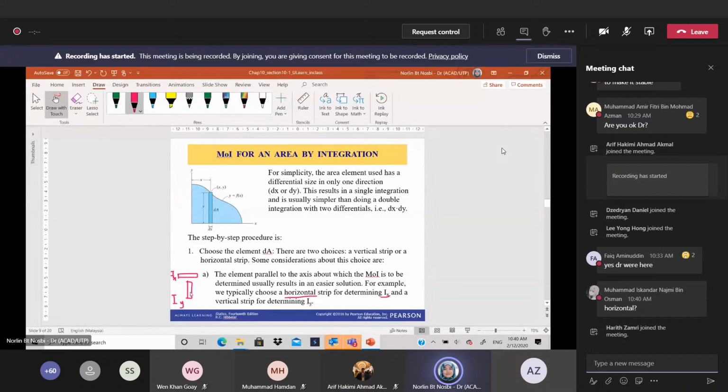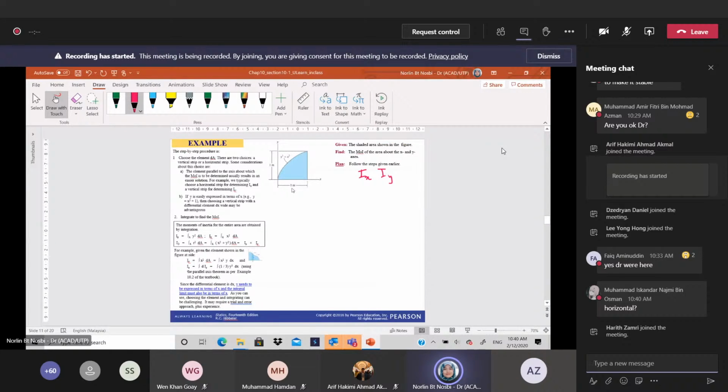So you need to use both. First, you have to use horizontal because you want to find Ix, and then you can use vertical to find Iy. This is the first step.